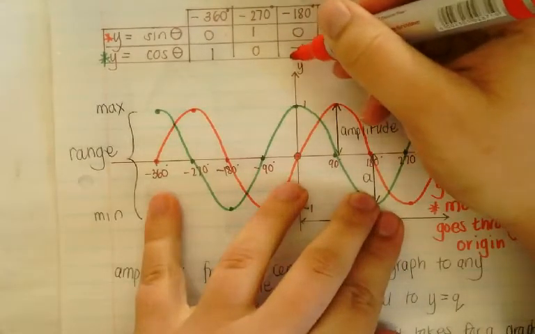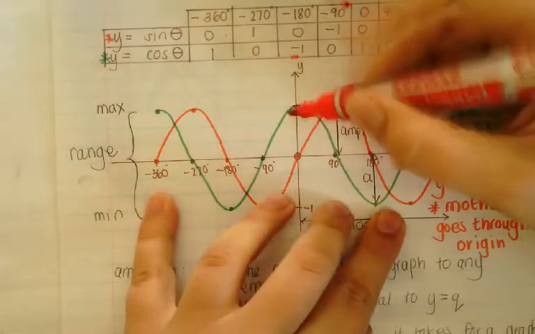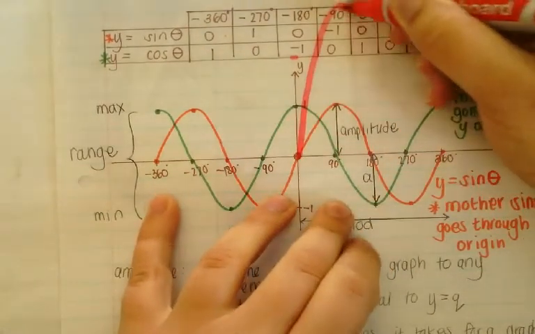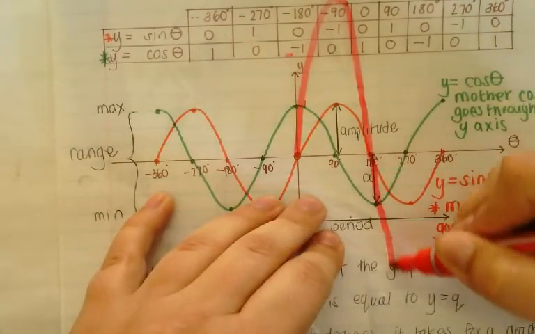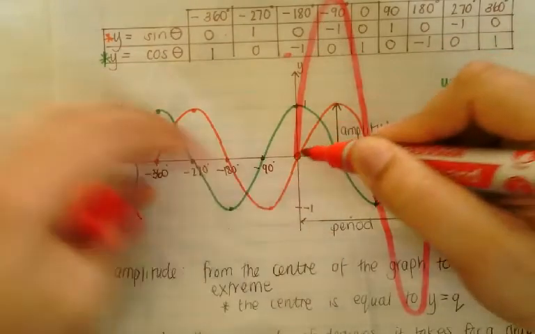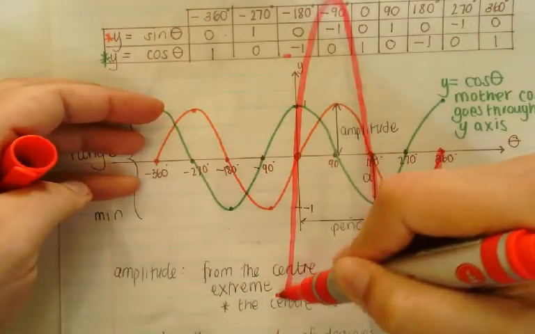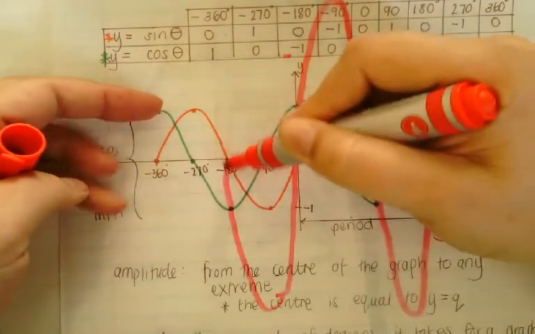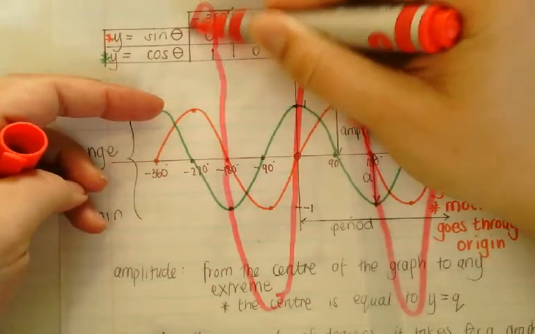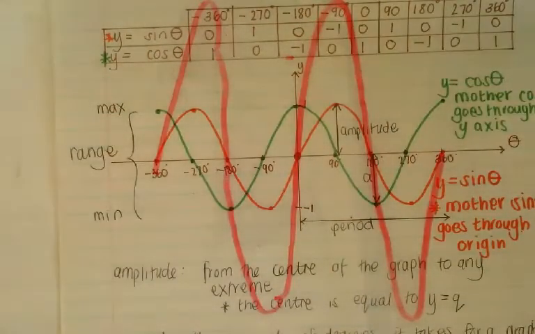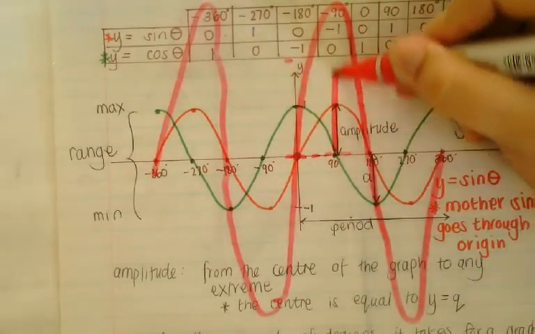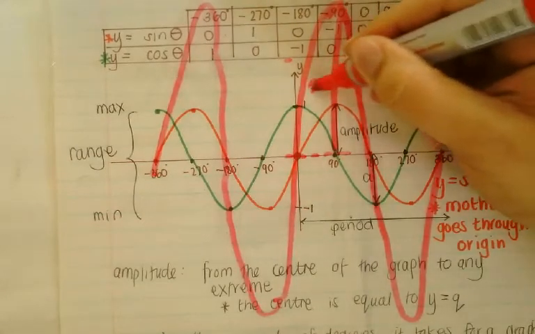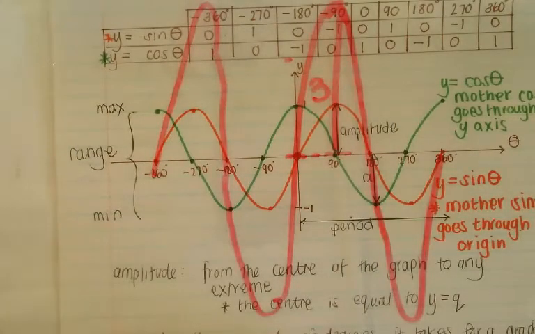So that would be 2 there, that would be 3 there. So it is creating a graph which hasn't shifted but has grown taller. It's still following the same pattern of the waves, but it has stretched out. From the center of 0 to the extreme value is now 3 units. That is how it has changed my graph.